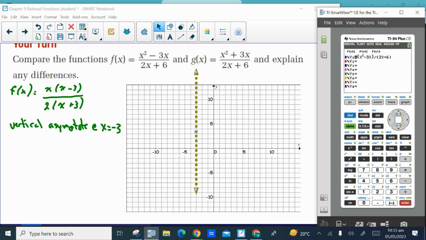So x squared minus 3x over 2x plus 6. So we can generate some points here by going into Zoom. I'll start by finding points to the left of the asymptote. Let x equal -4. Whoops, try that again.